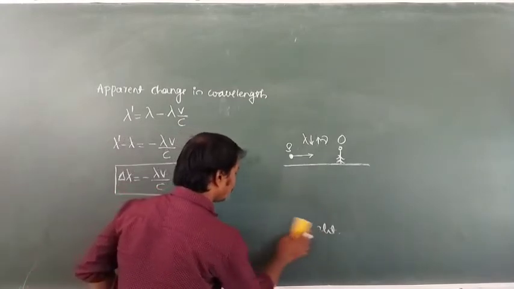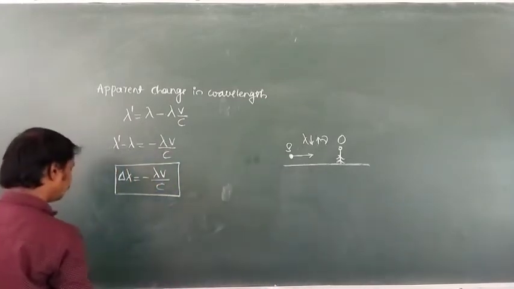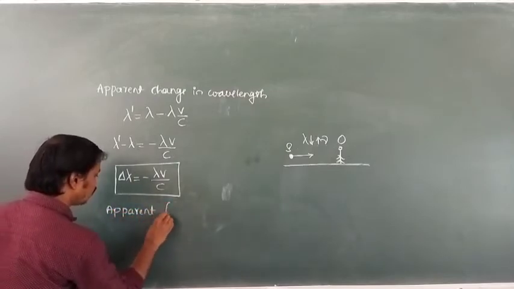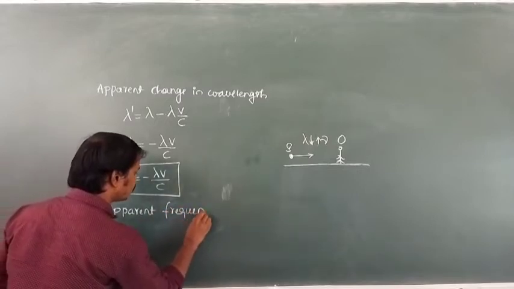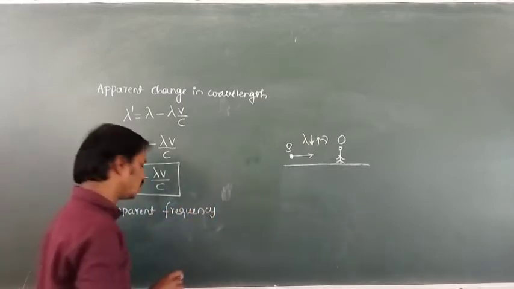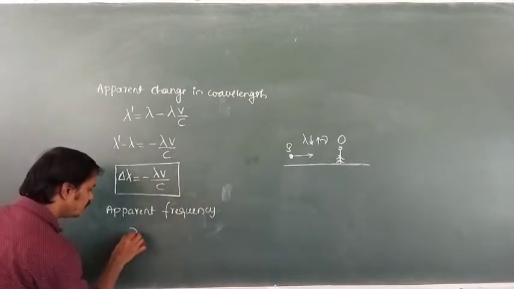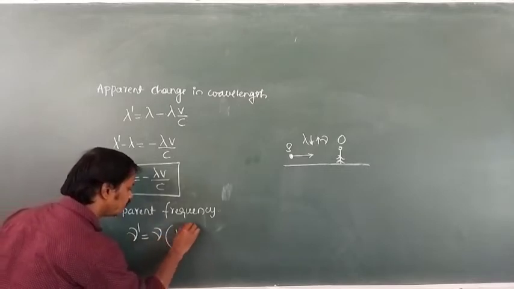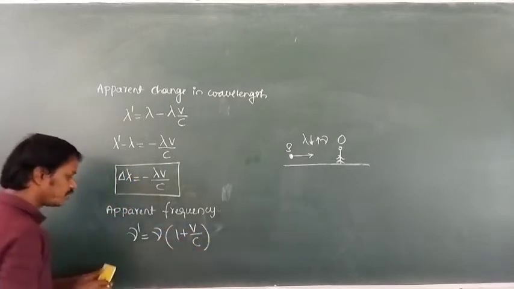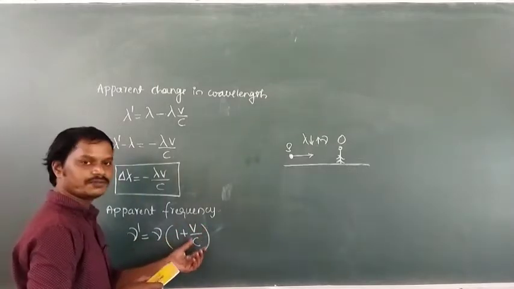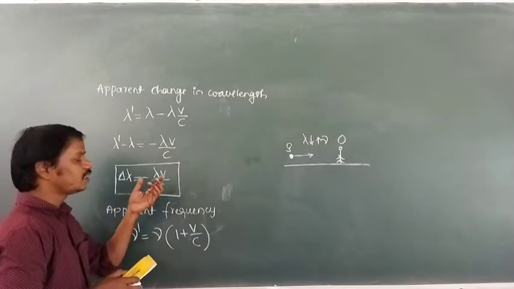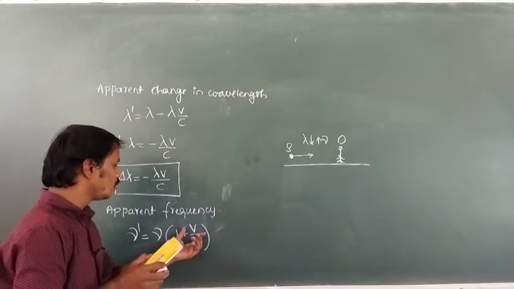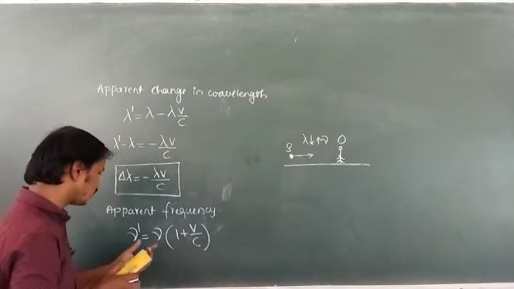Next, the apparent frequency observed by the observer. The formula for apparent frequency, that is nu dash, is nu dash equal to nu into 1 plus V by C. Here the frequency increases by the factor 1 plus V by C. Wavelength decreased by the factor 1 minus V by C, but the frequency increased by the factor 1 plus V by C. Once again, what is nu?